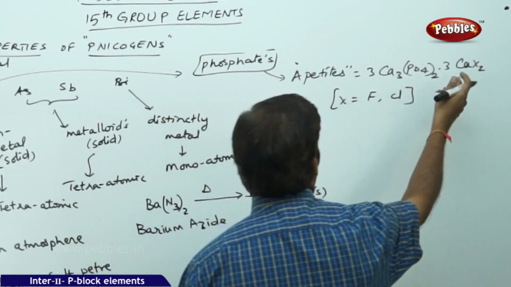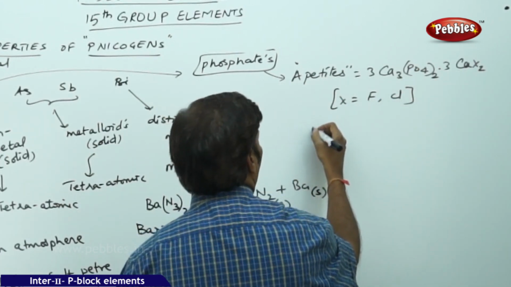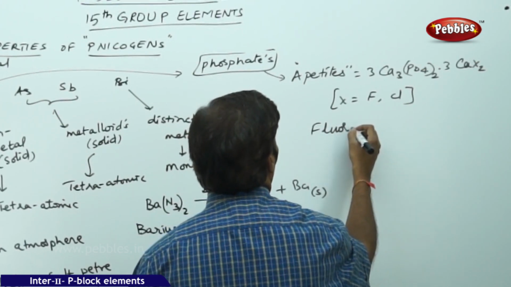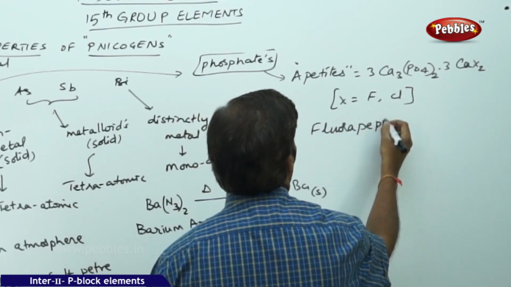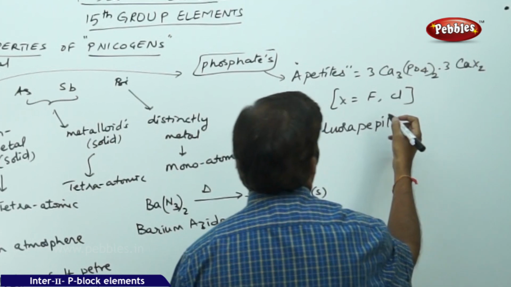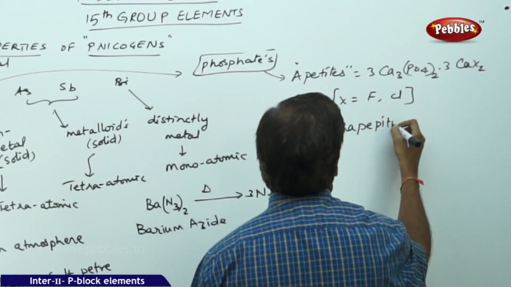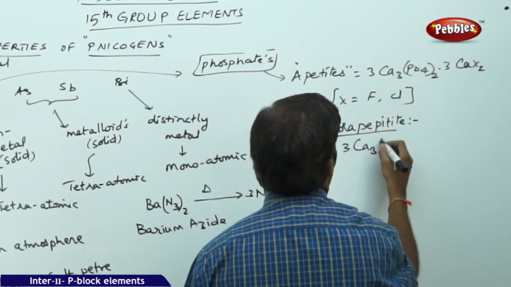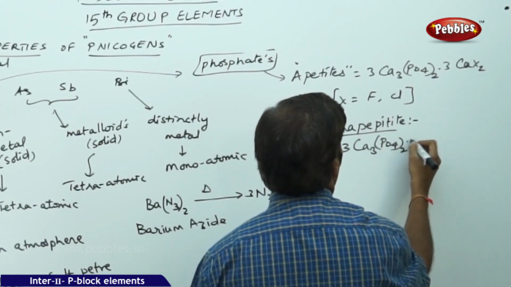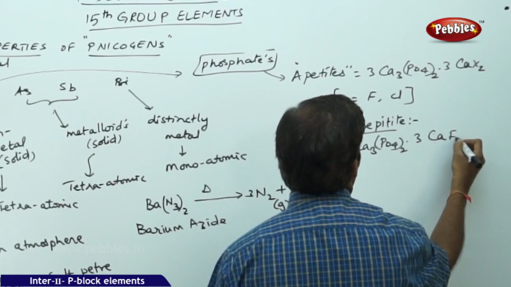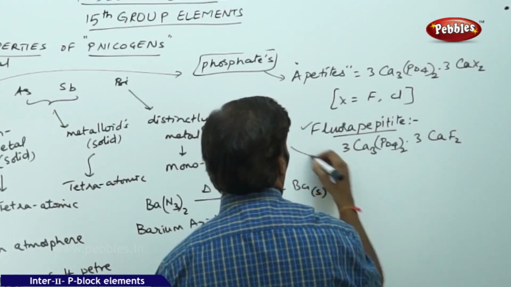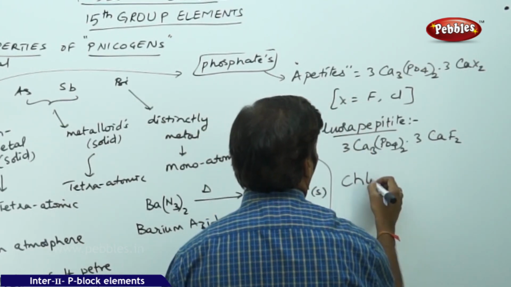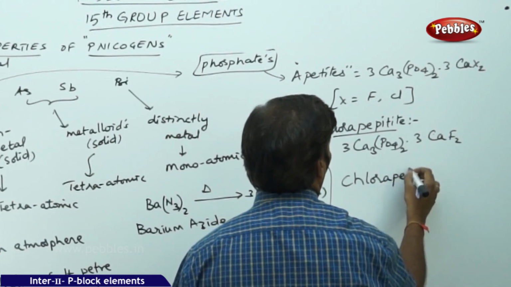If you want fluorapatite, you can use the formula 3Ca3(PO4)2·CaF2. This is fluorapatite.